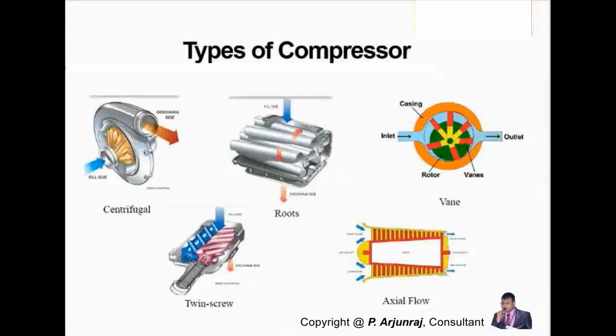But what I have seen in the present scenario, people go with the displacement type, where they want to go with either vane or even the screw method, but this configuration becomes a bit complicated.